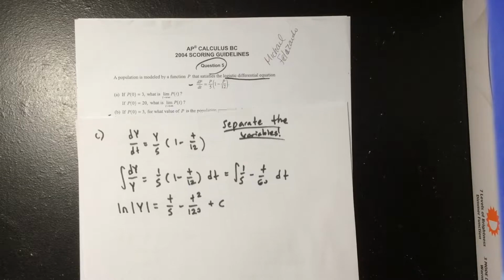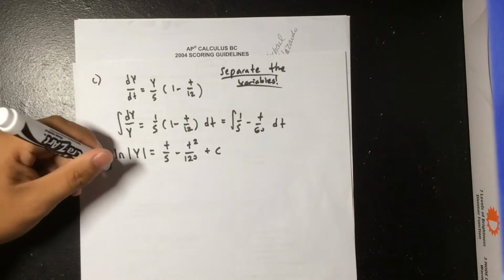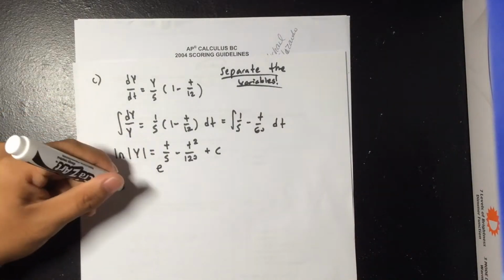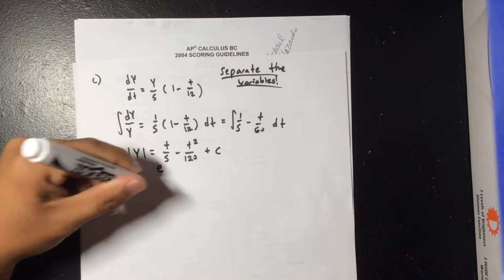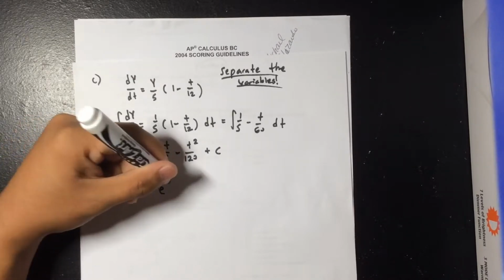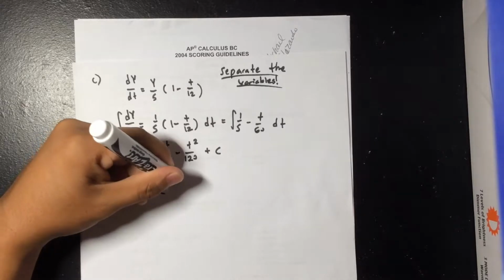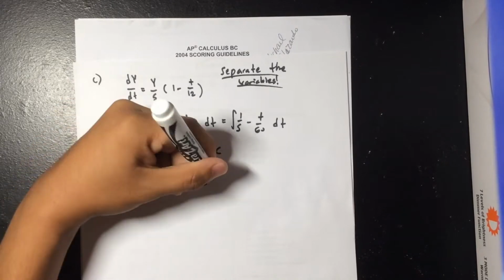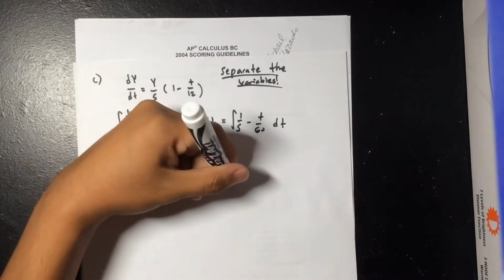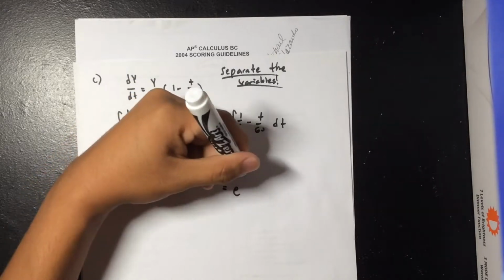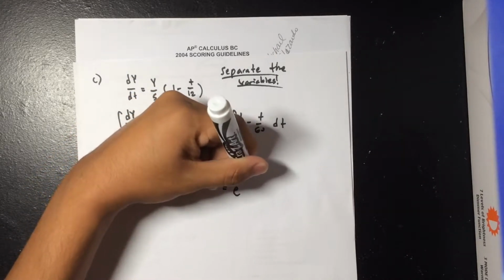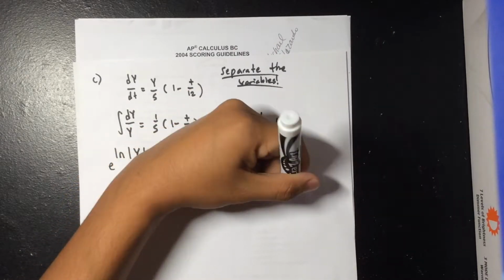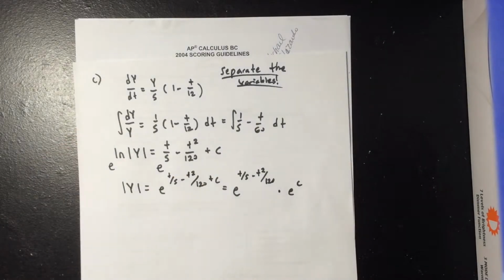Alright, so now that we have the plus c, we can exponentiate both sides so that this becomes the absolute value of y is equal to e to the power of t over 5 minus t squared over 120 plus c. I'm going to rewrite this side so that we get e to the power of t over 5 minus t squared over 120 times e to the power of c.